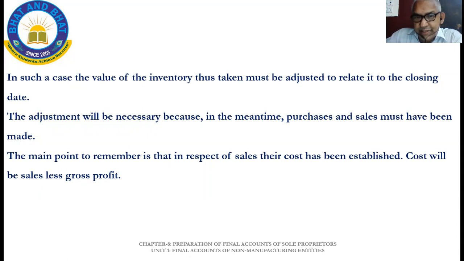In that, the gross profit content will also be there, as part of the cost of goods sold in the closing inventory also, because the closing inventory valuation is at cost, whereas sales will have cost plus sales expenditure plus gross profit, that is profit also will be there.